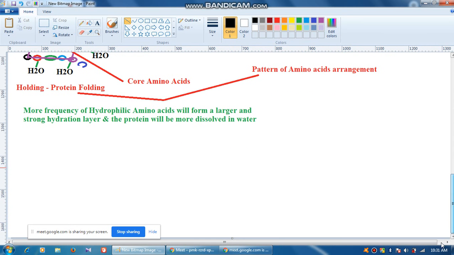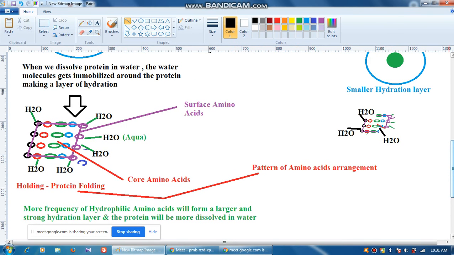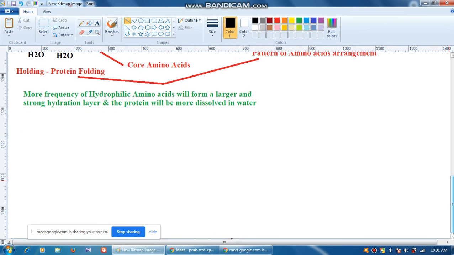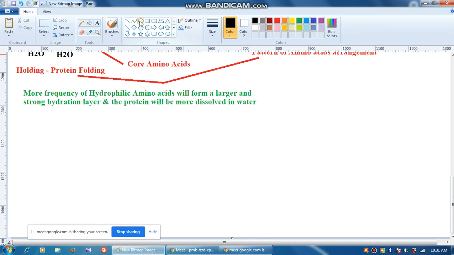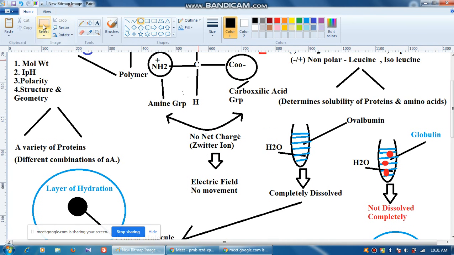There was a very famous experiment that was done, so you can also see it. For example, if you have a test tube in which we have added albumin, we shall take the whole thing.